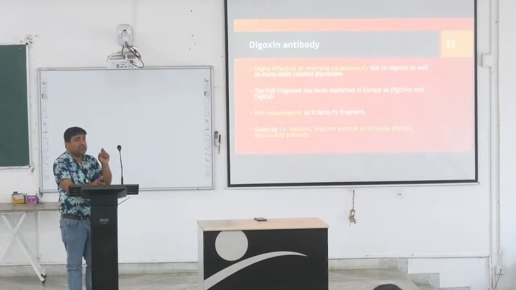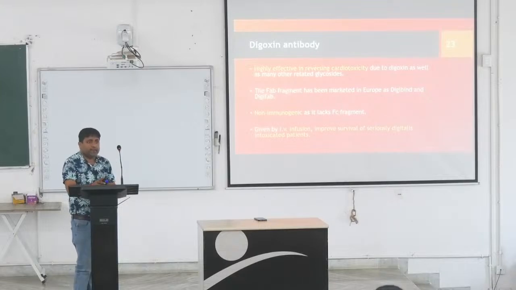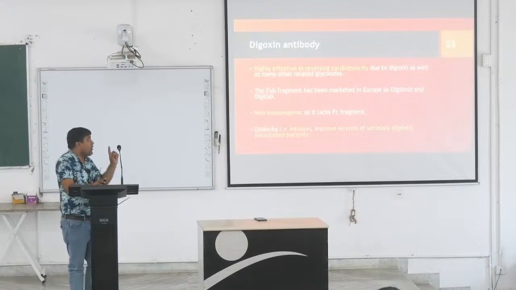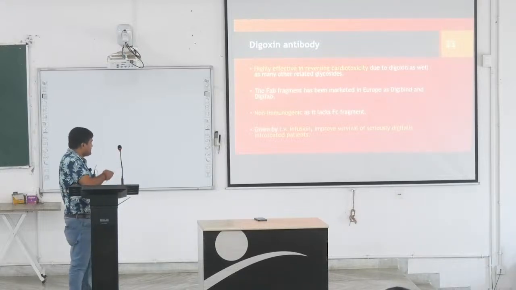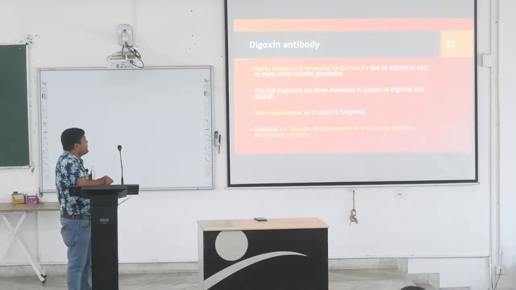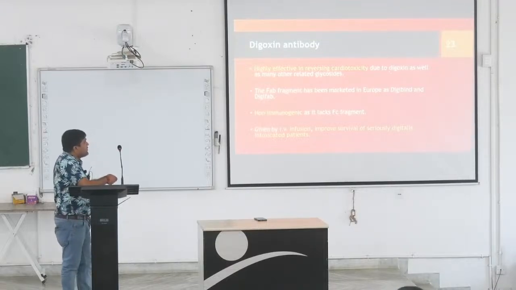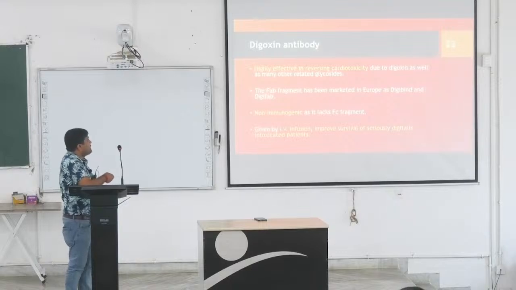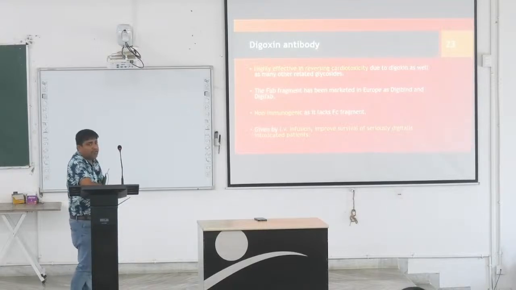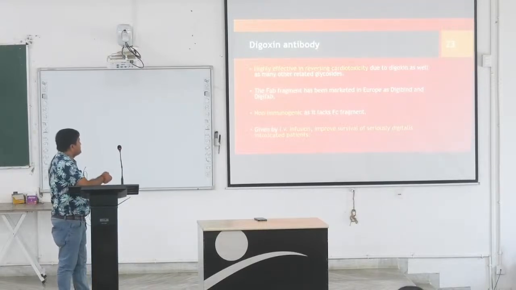These are basically the Fab fragments of the antibody. Because of absence of the Fc portion, it is non-immunogenic. It is marketed as DigiBind and DigiFab, and is given by intravenous infusion against the toxin as well as many other related glycosides.